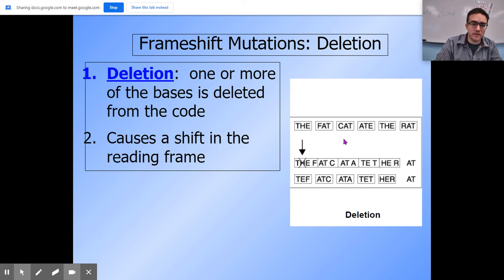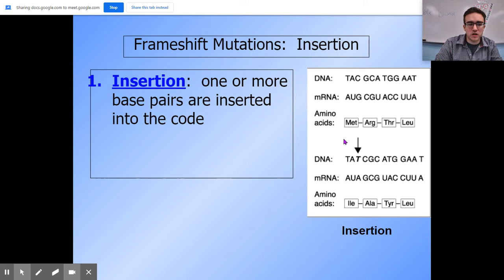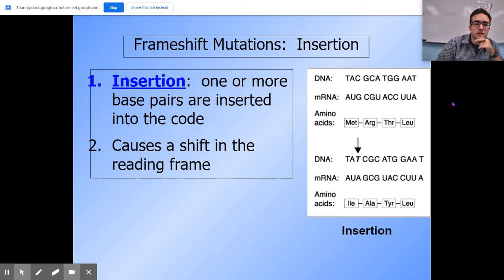And then the other frame shift mutation we can get is just an insertion. So a base gets inserted in between two other ones, which causes another shift. So for example, here's our original strand, and then here's our mutated one. We inserted one. The insertion occurred in between the A and the C here. Well, then that shifted everything over because we needed to have groups of three here.